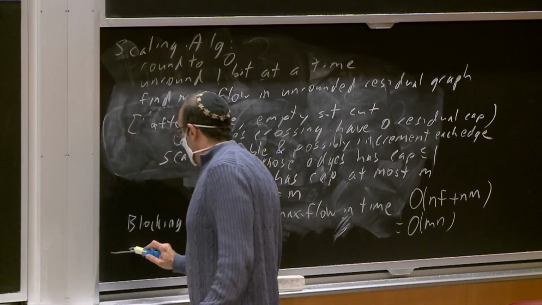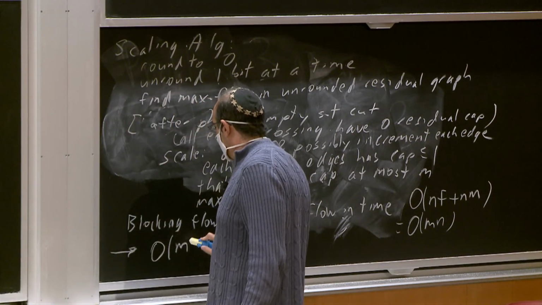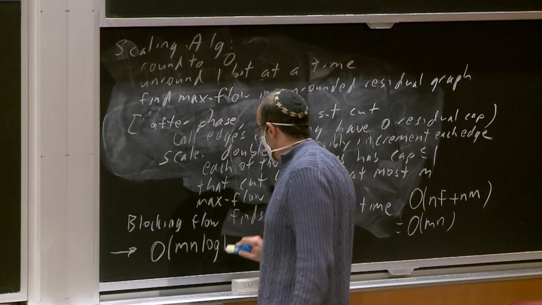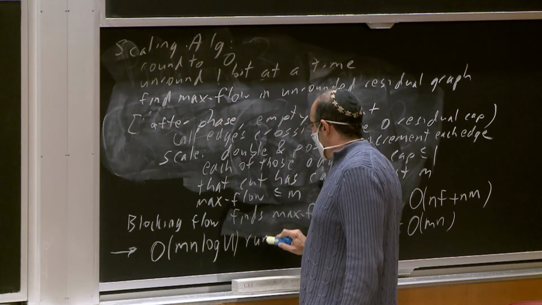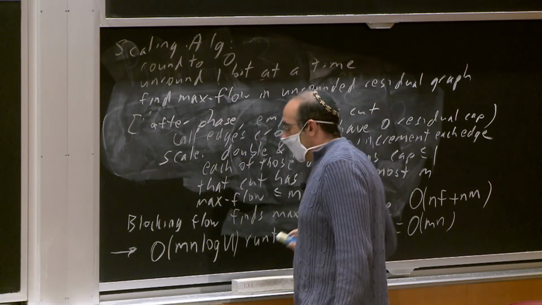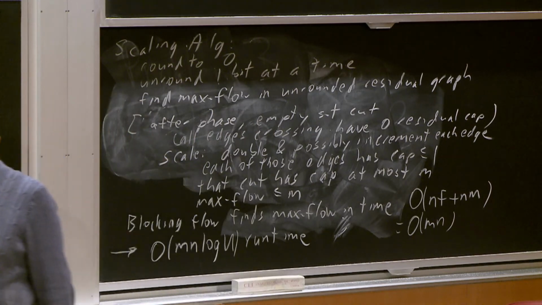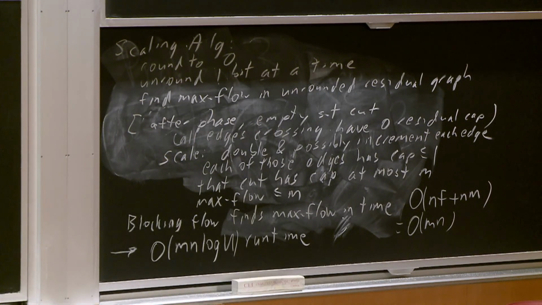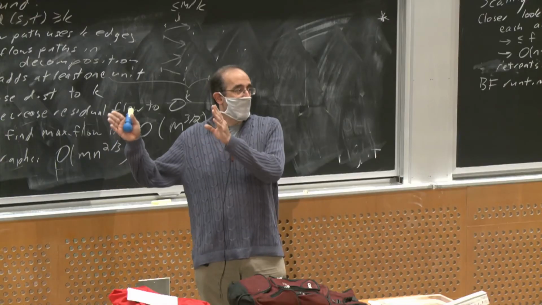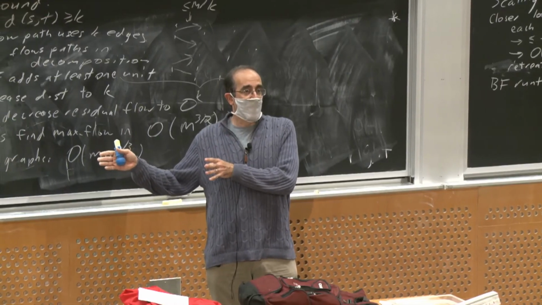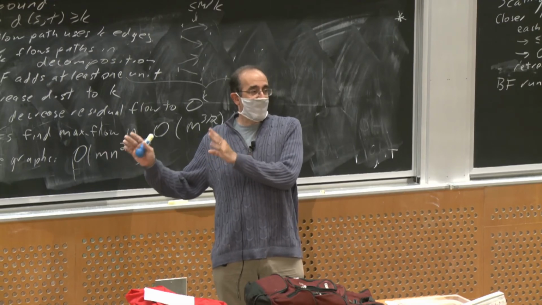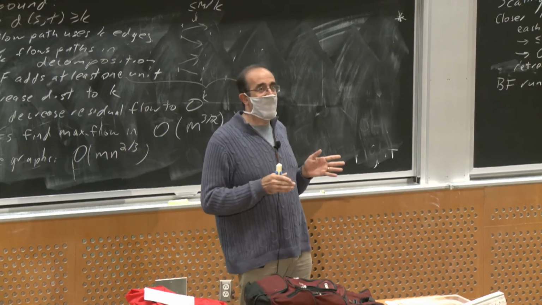So, in summary, blocking flows give us an mn log U runtime for scaling max flows. And if you think back, this compares very nicely to the m squared log U running time that we got for an augmenting path algorithm. It's replacing one factor of m by a factor of n.